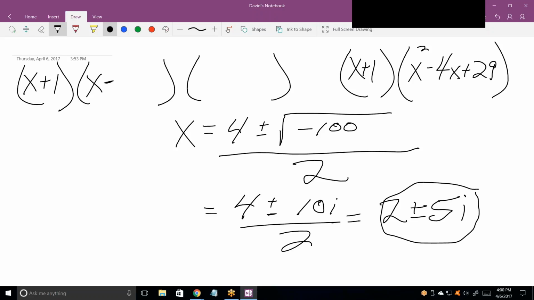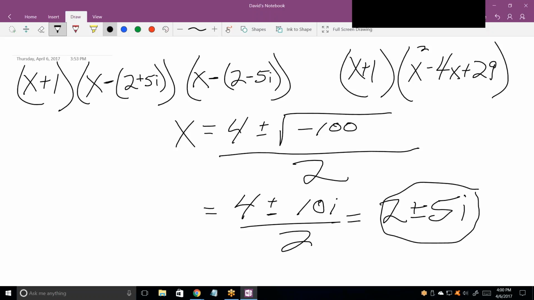So these are the 2 zeros, then it's x minus the first one, 2 plus 5i. And then x minus again, it's always x minus whatever the zero is, 2 now minus.